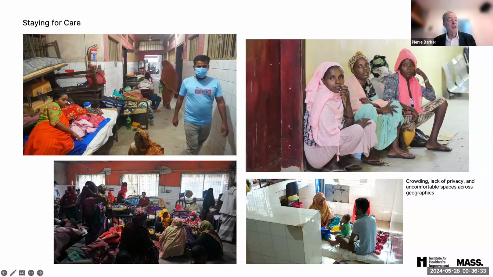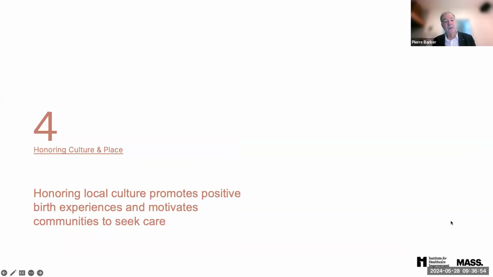So making sure that mothers who need to do kangaroo mother care or who need to stay on for postnatal care are given the types of environments that will actually encourage them to stay rather than to leave the hospital prematurely. So, and over to you now, Manara, to talk a little bit about culture and place.